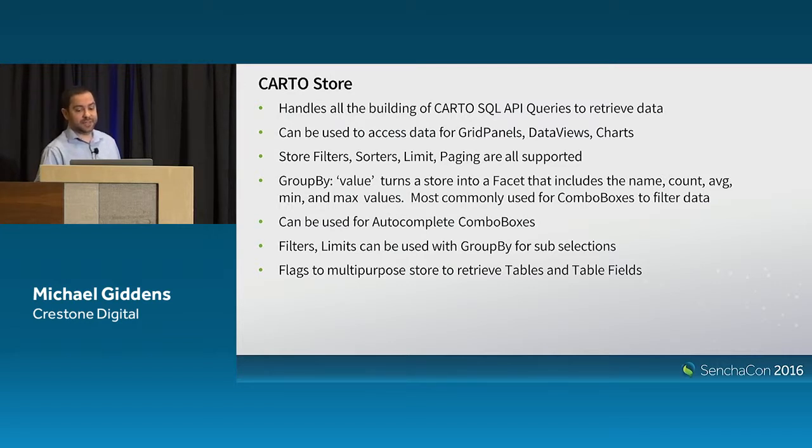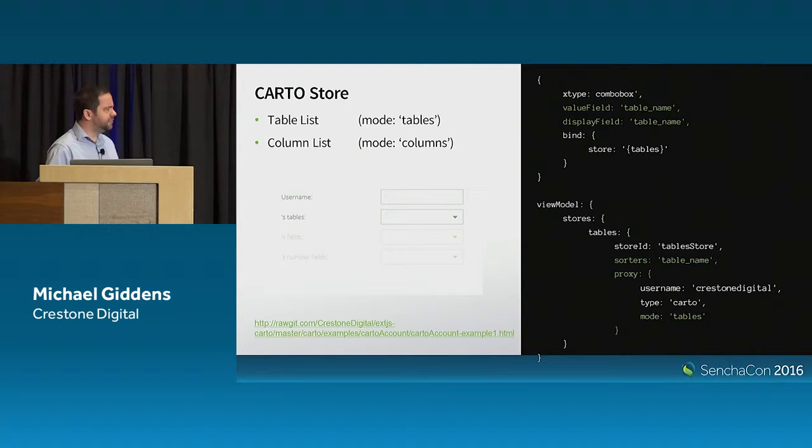Additionally, filters and limits can be applied to the group bys so that you can even do sub-selections off of those. And finally, we have two unique flags that repurpose the store to retrieve a list of tables from your Carto account and a list of column fields from a table. We do that by setting the mode to either tables or columns to make that happen.